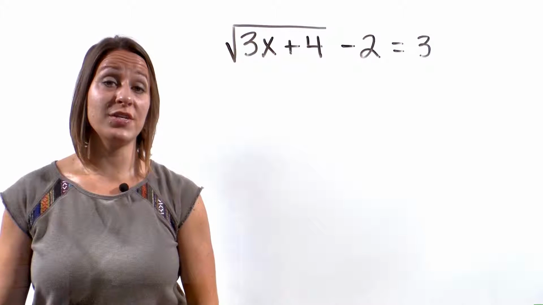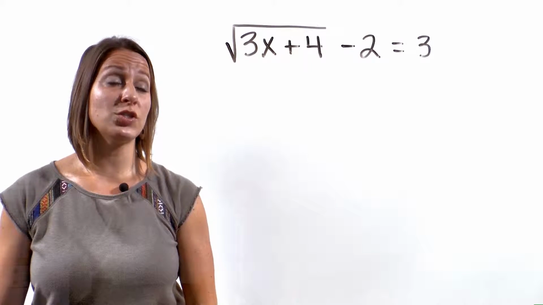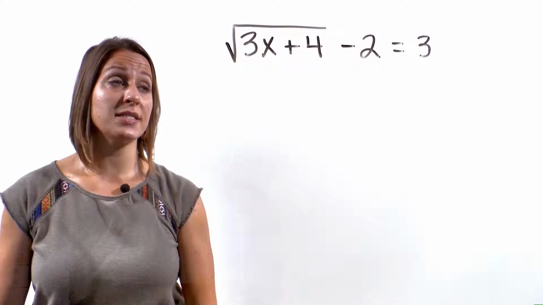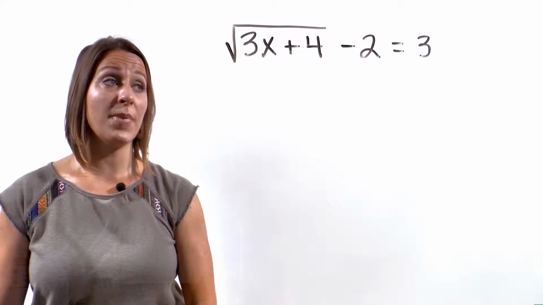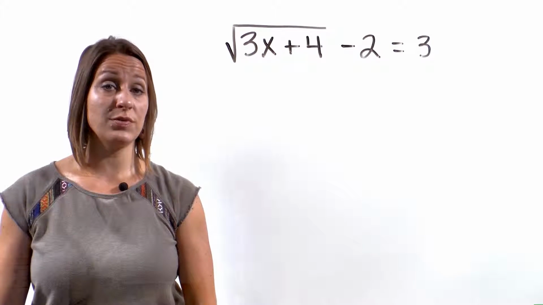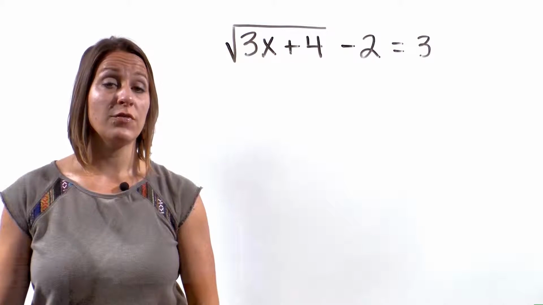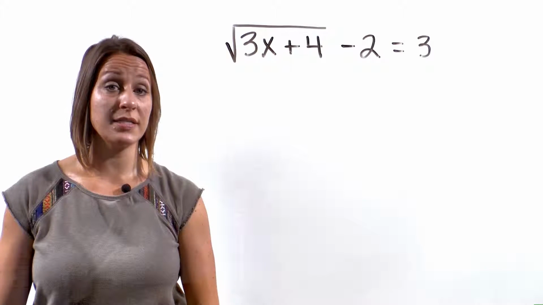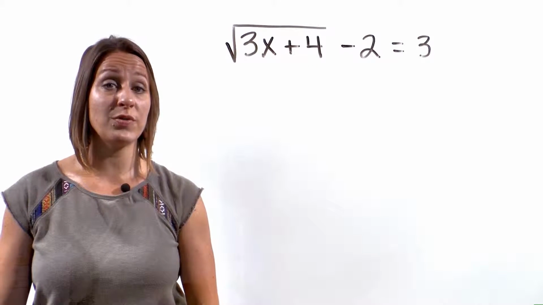Okay, let's try another example. We have the square root of 3x plus 4, minus 2, equals 3. For this problem, we need to solve for x, and we will square both sides.